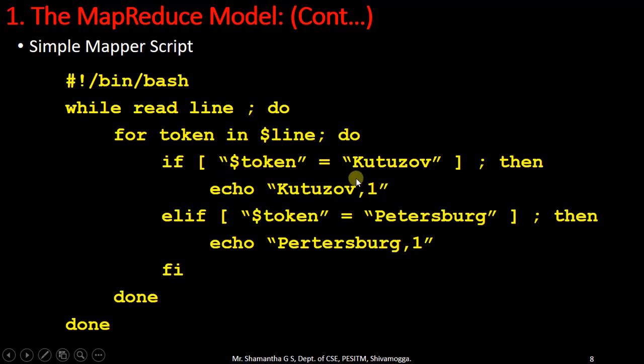If the word is equal to Kutuzov, then we are going to print out Kutuzov, 1. Else, if the word is Petersburg, then we are going to print out Petersburg, 1. This is the end of the if statement, this is the end of the for loop, and this is the end of the while loop.